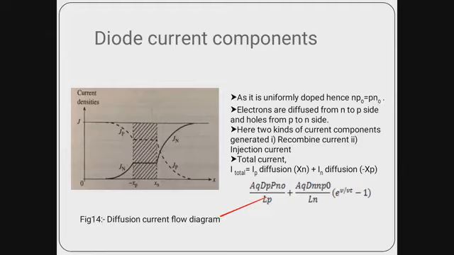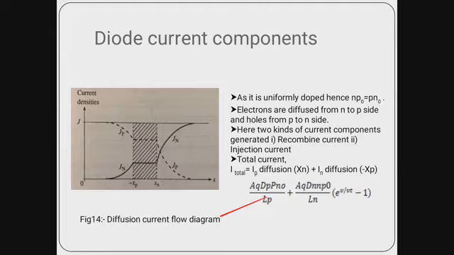That means holes are diffused from p to n side, that is denoted by xn, because this is the n-type region, and the distance x covered into the n-type region. Similarly, the distance x covered into the p-type region is represented by xp. That is why it is called electron diffusion.